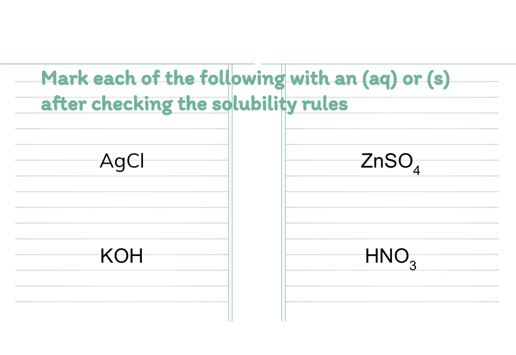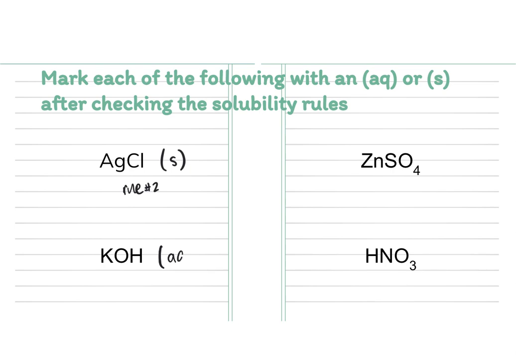If we look at this first one, we have AgCl, and we're going to mark whether it is soluble or insoluble. We have a chloride here. This is silver chloride, so it is insoluble, and that is rule number 2. I'm writing that on there so you know why I'm choosing these answers. The next one is KOH, potassium hydroxide.